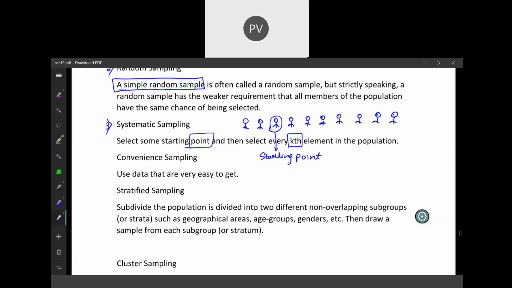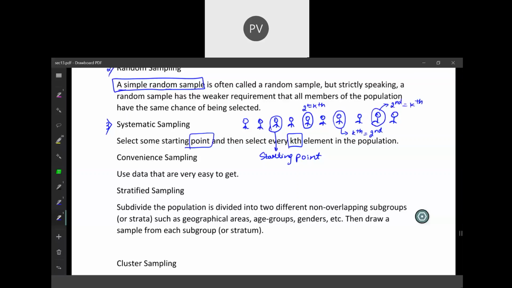So from here, if I start 1, 2, this is my second individual, right? Which is nothing but the kth element, which is the second element. 1, 2. Kth element, right? So this type of sampling is called systematic sampling.